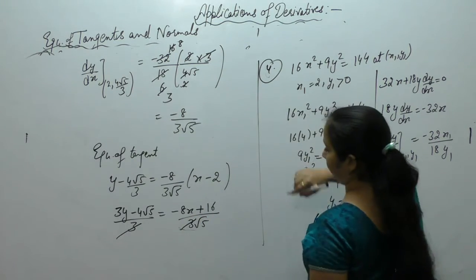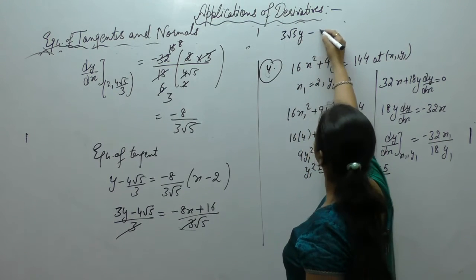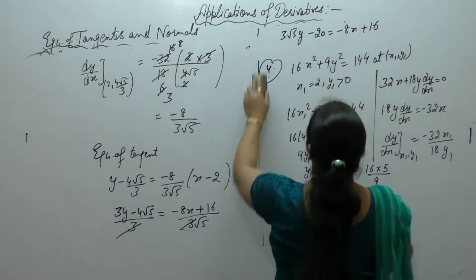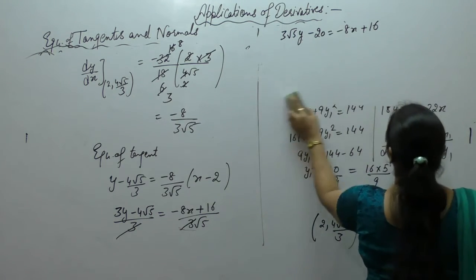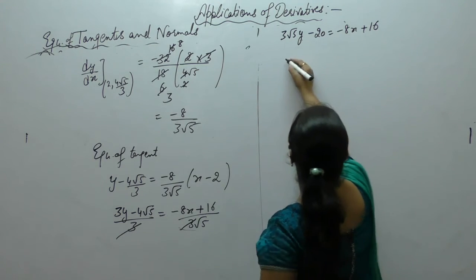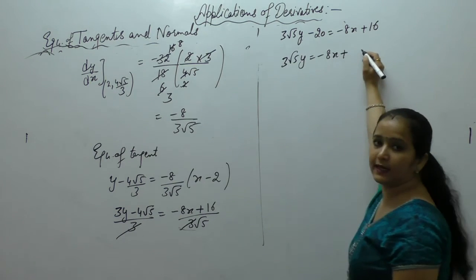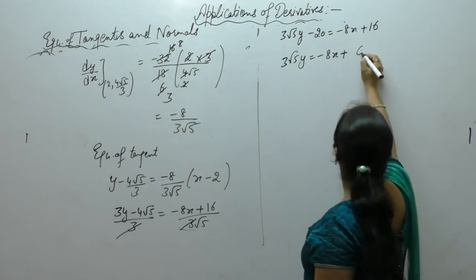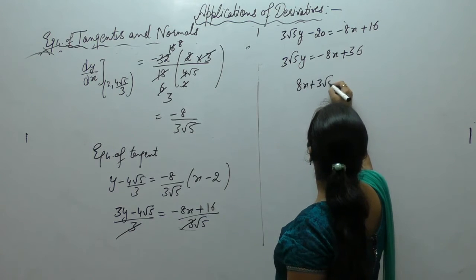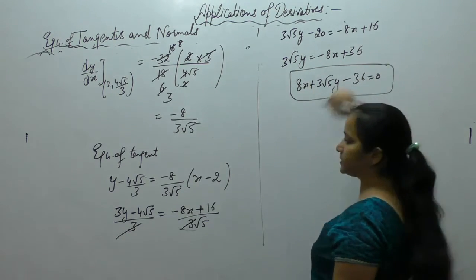From here we get 3 root 5y minus 4 into 5, 20, equals minus 8x plus 16. So 8x plus 3 root 5y minus 36 equals 0.